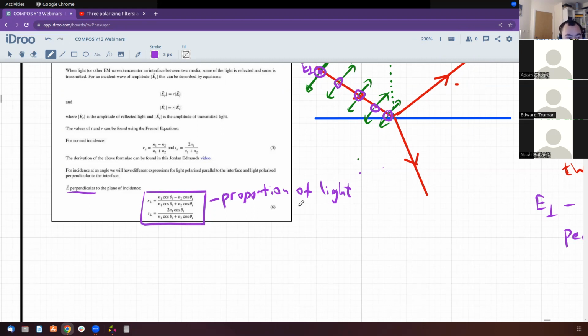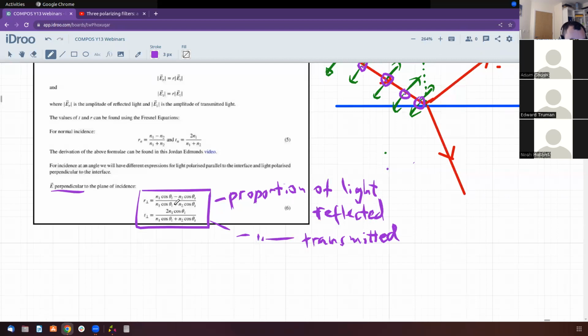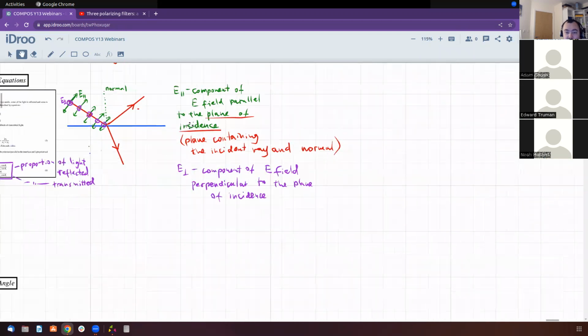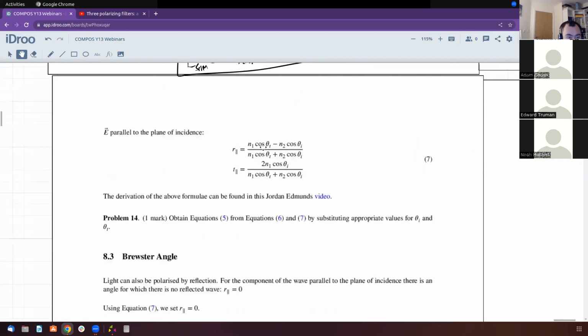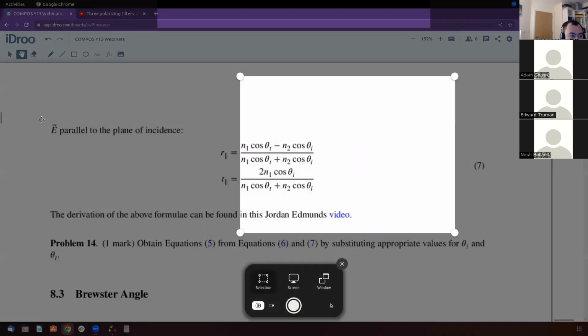Proportion of light transmitted, reflected, and this is proportion of the light transmitted. You can see it depends on the angle of incidence, of course. It depends on the refractive index of the two media. And of course, we have a similar set of equations for the parallel component.